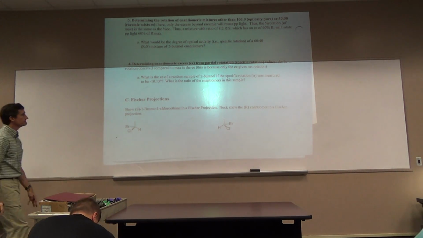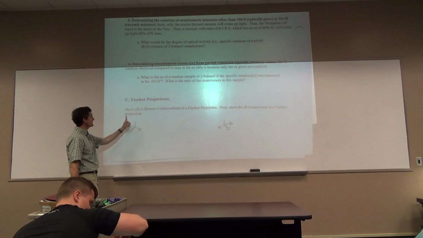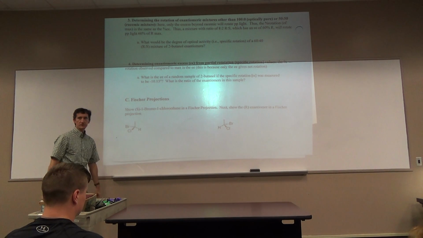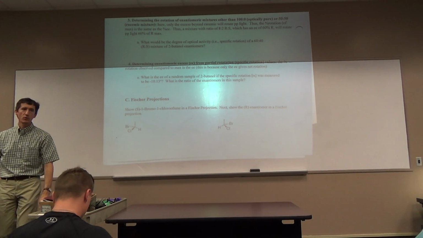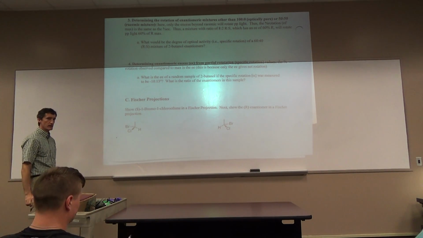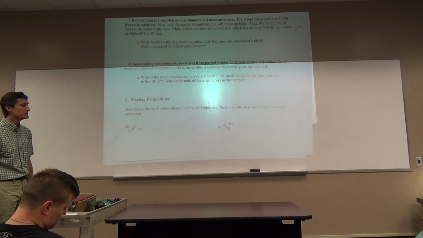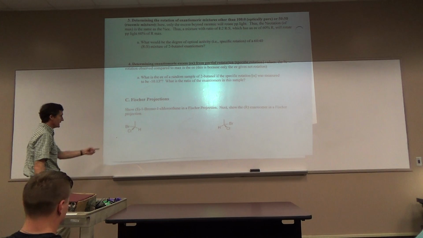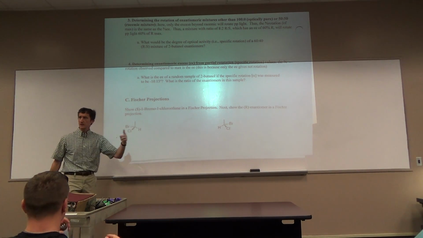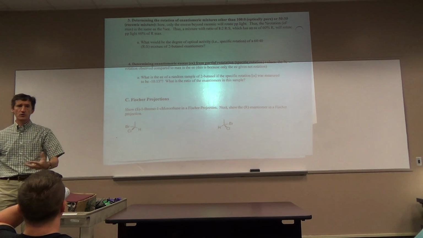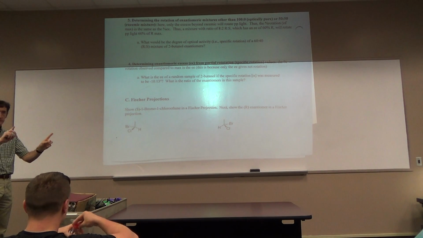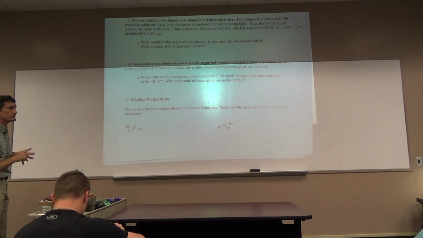And we're back. Fischer projections. Fischer projections is a way to show chirality, chiral carbons, chiral compounds, other than a perspective drawing. Sort of analogous to how Newman projections was a way to show rotations, conformations.